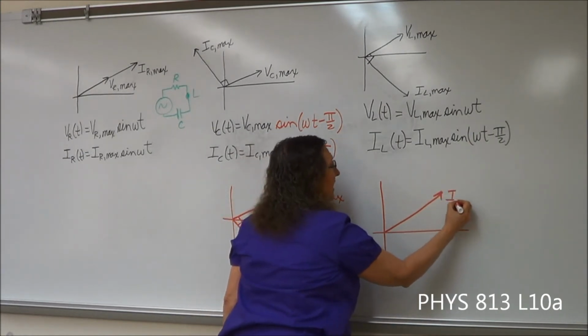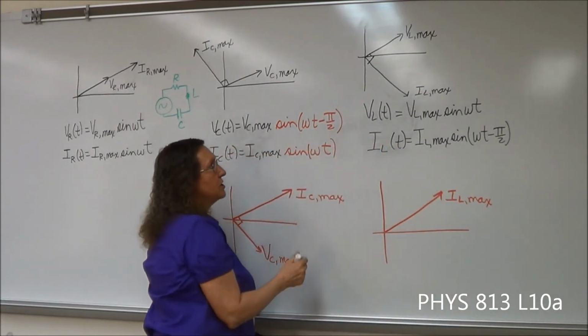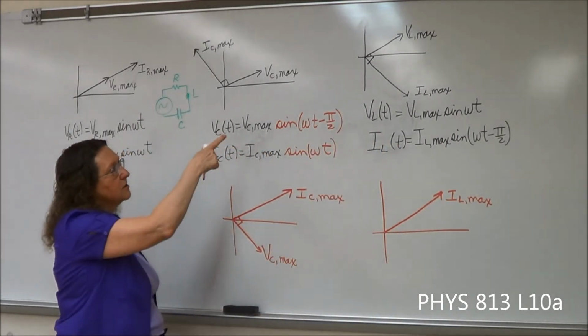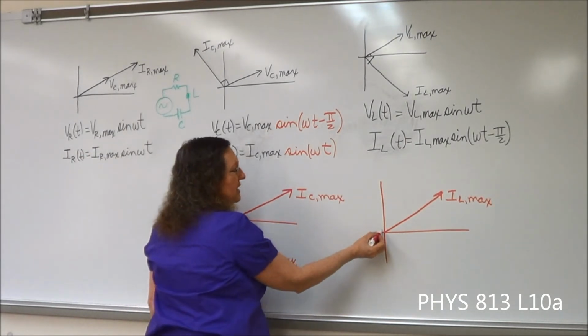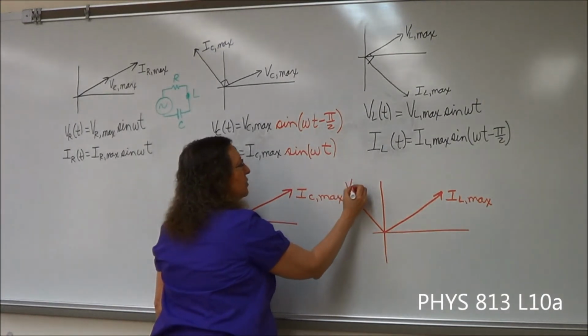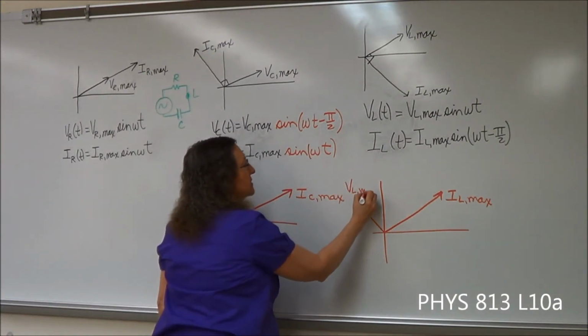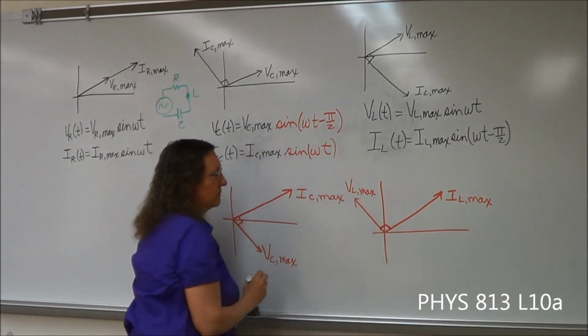So it's something like that, IL max. And then the voltage vector is still 90 degrees from that counterclockwise. So it must go out this direction, and this will be VL max. And that's at 90 degrees there.